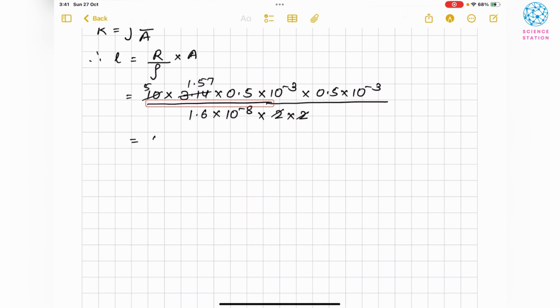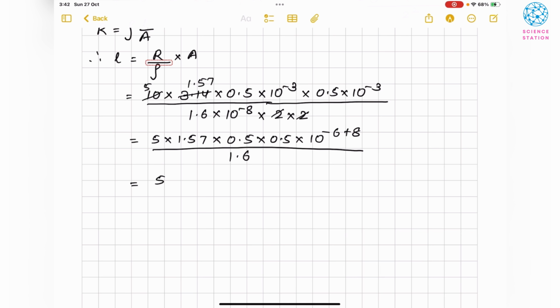So that is coming to 5 into 1.57 into 0.5 into 0.5 into 10 raised to minus 6 plus 8 upon 1.6.